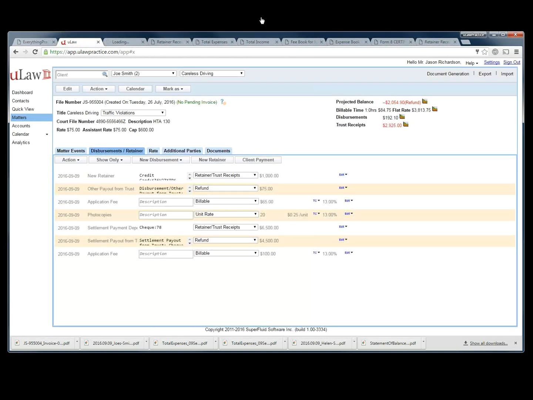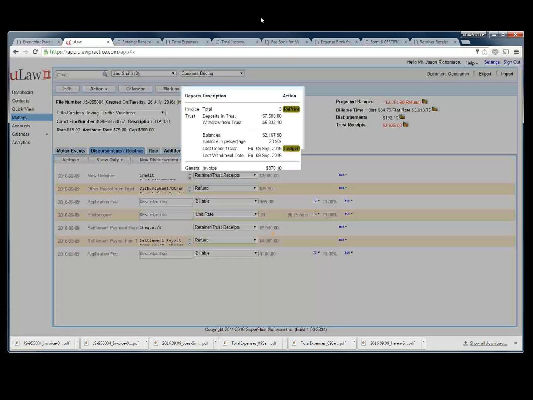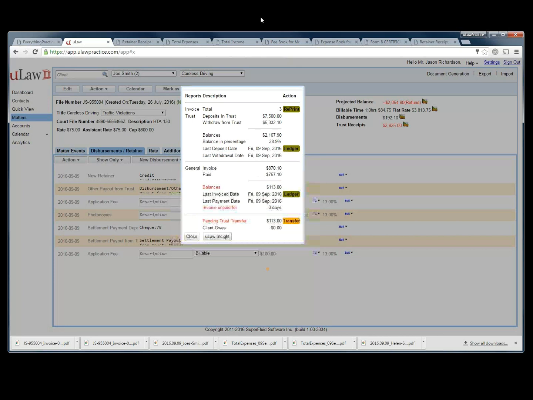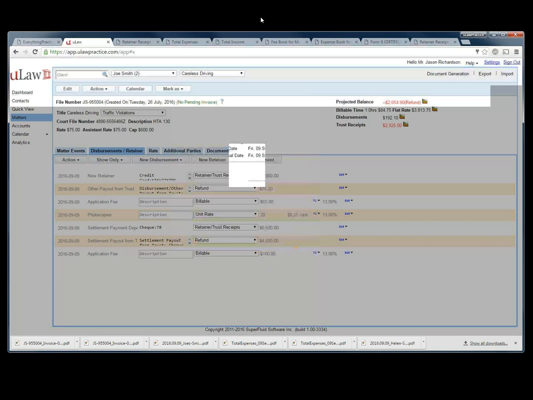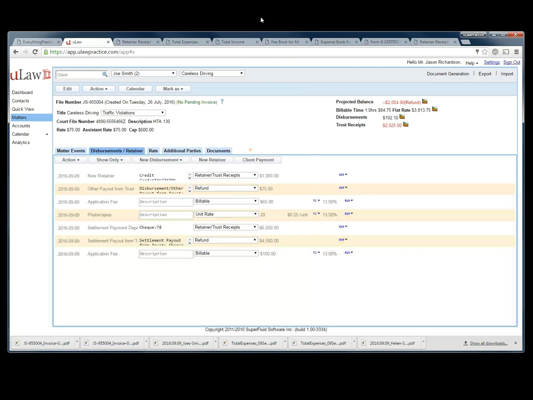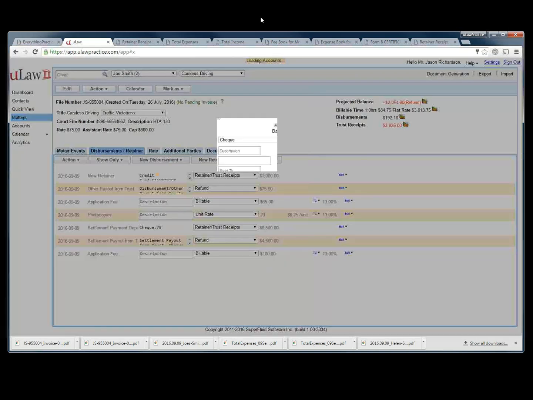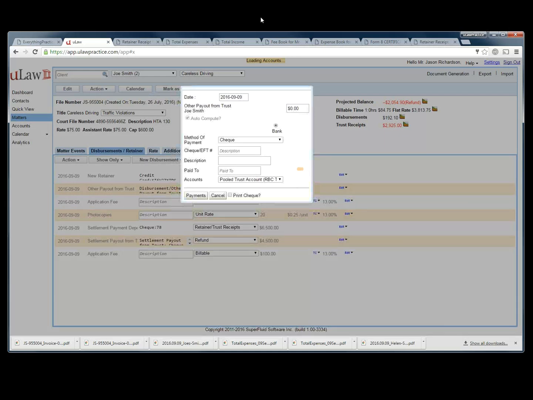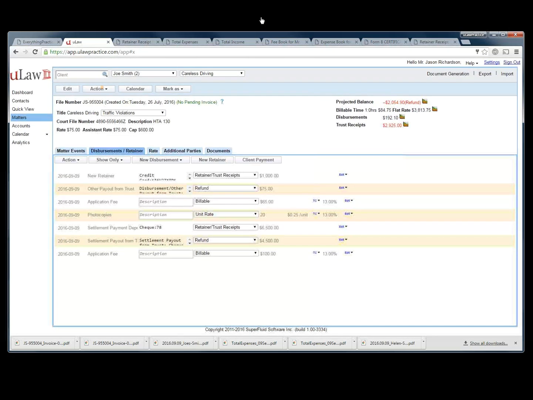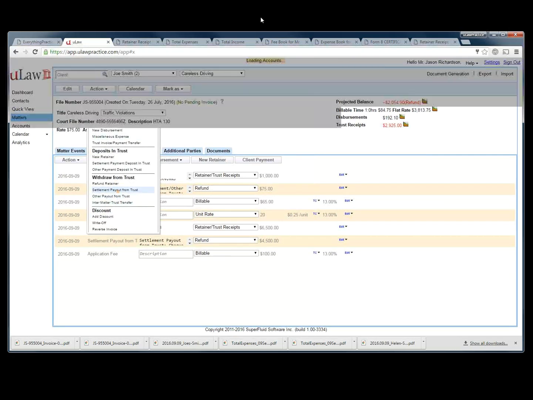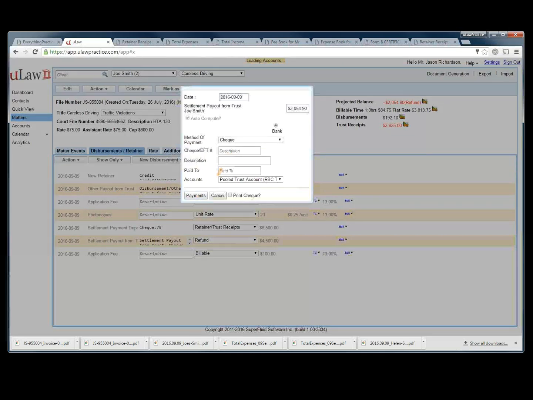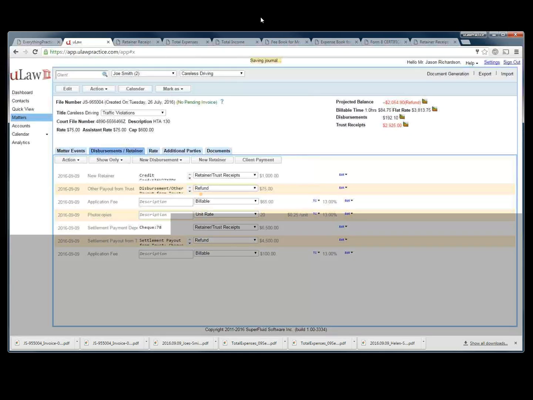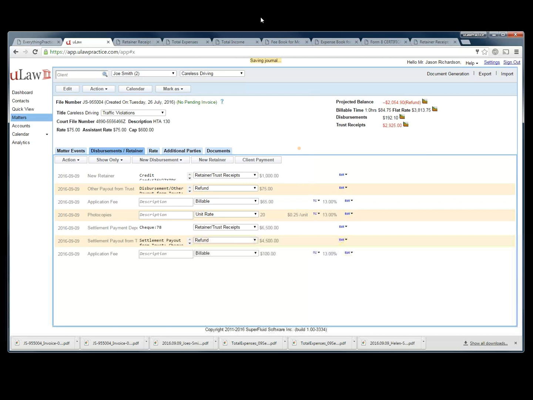So when I now hit the question mark, the software is going to tell me that the client actually owes, again, it's a trust payment because there is still money left in trust. So let me put a much larger disbursement. Let me establish a settlement payout. That way, everything is paid off from trust, so $113 is still owed in client payment.